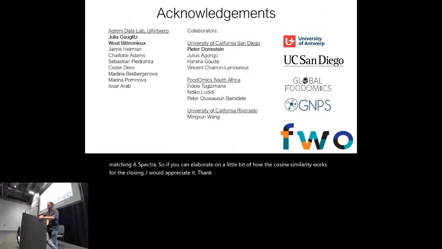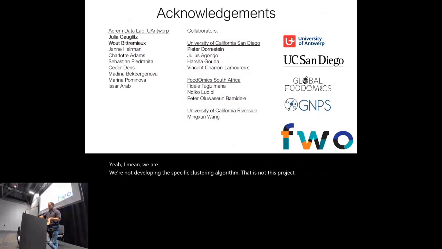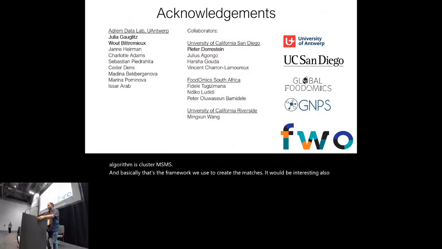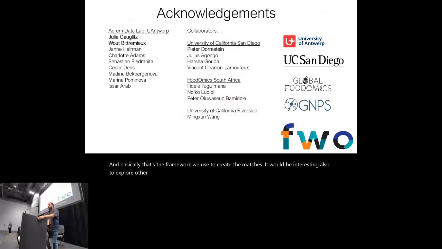Yeah, we're not developing the specific clustering algorithm, at least not in this project. We're using the framework of GNPS, the classical molecular network, which basically takes the MS spectra and does the cosine similarity between pairs of spectra. The basic algorithm is cluster MS-MS. And basically that's the framework we use to create the matches. It would be interesting also to explore other clustering algorithms, for sure.